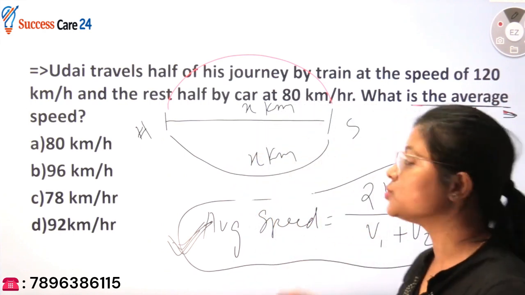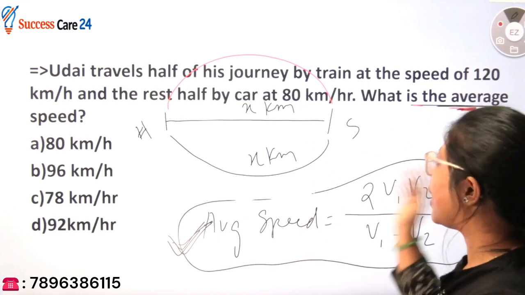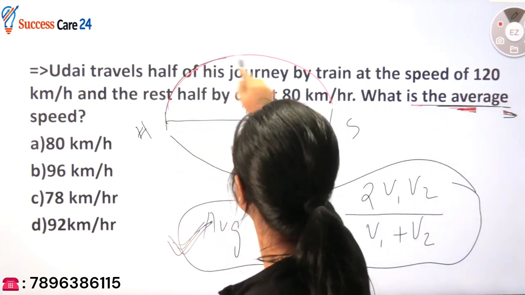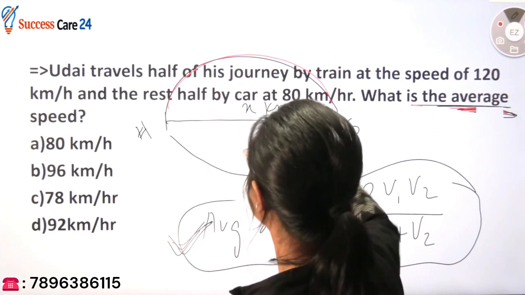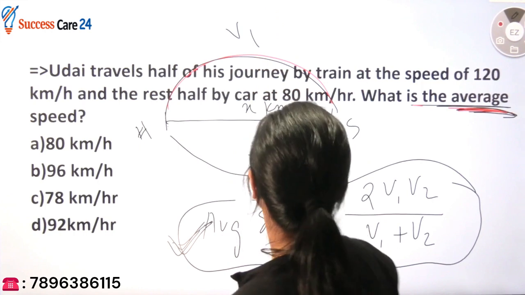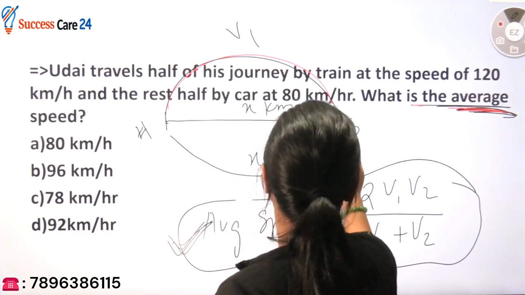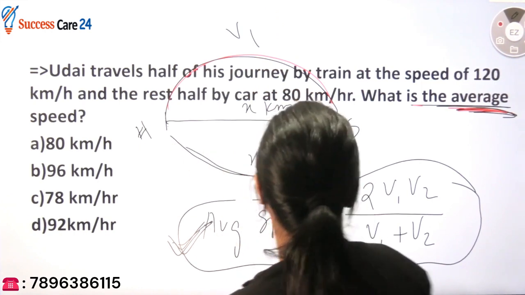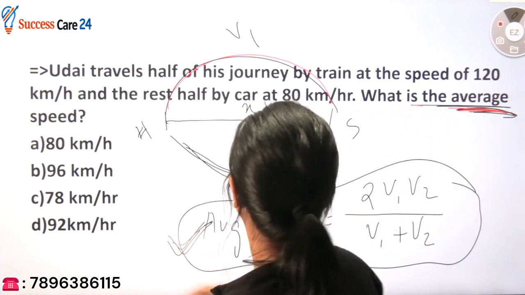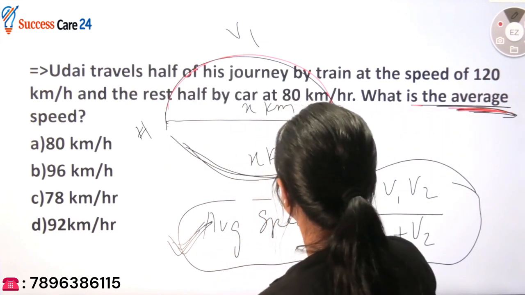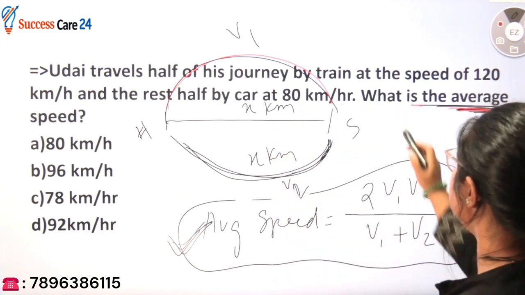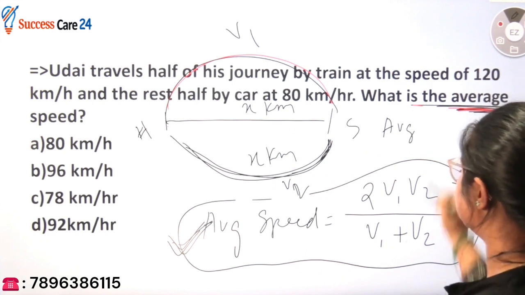So for such a case, we can apply the formula of average speed. That means if coming from home to school you are moving with a speed of V1, and while from school to home you are moving with speed V2, then you can use the formula for the average speed as this.